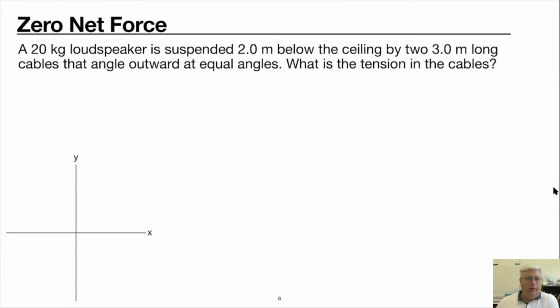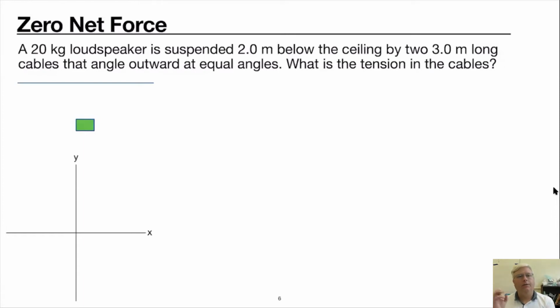And so we know we have a loudspeaker suspended from a ceiling. Okay, so first thing I'm going to do is I'm just going to make a ceiling here, just a flat line for our ceiling. And we know that we have a loudspeaker that's being suspended from it. So just draw a little box to represent the speaker.